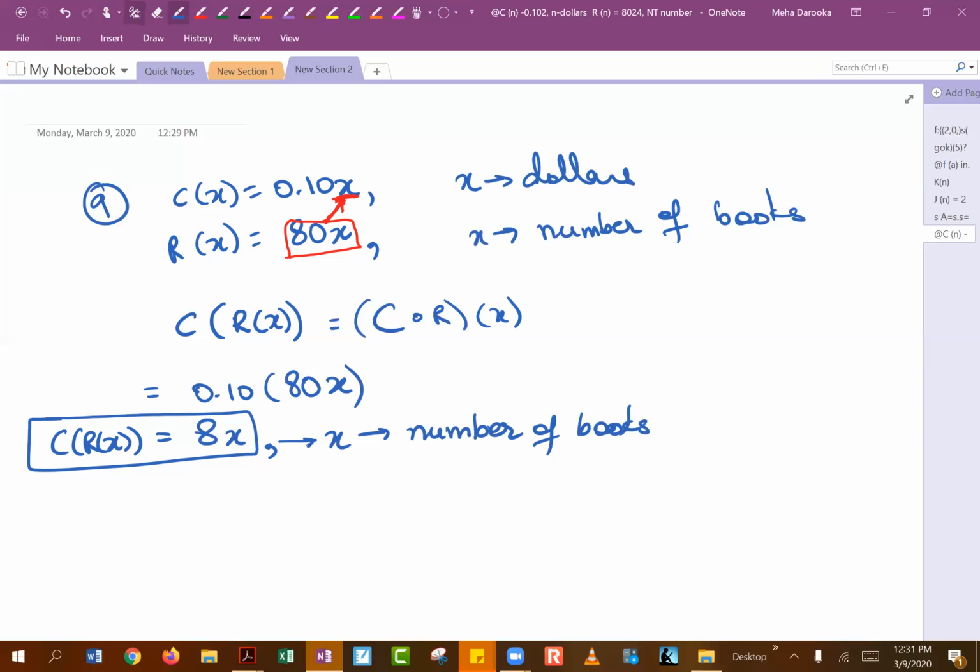Yeah, because you're selling 100 books, you're making a revenue of $80 on each book. So on $8,000 of revenue at 10% commission, what would you have? 800. Okay. Now if I take that same 100 books in this composition function, what's my commission? 100 times 8 will give us 800. You're getting the same answer, right?